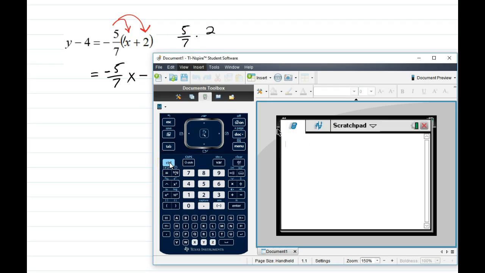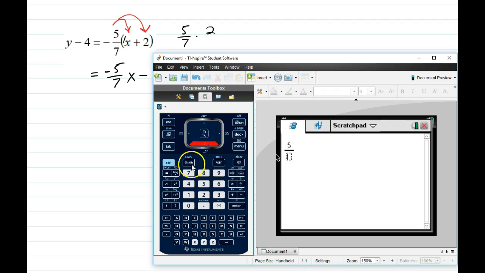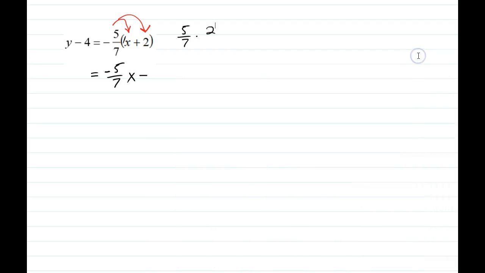If you want to get the fraction, hit Control Divide, and that gives you a fraction. So let's do 5/7 times 2, and that gives us 10/7.